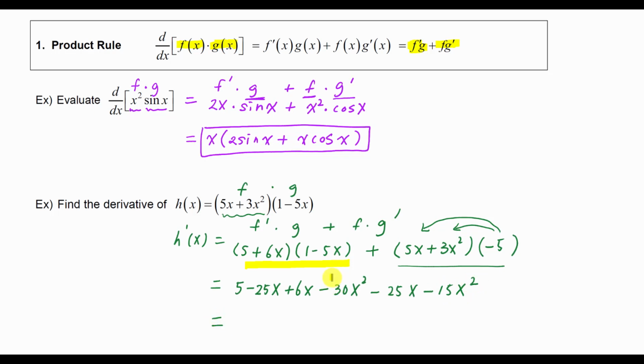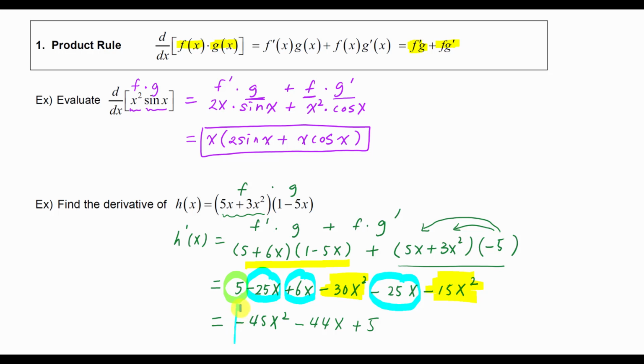I have negative 30x squared minus 15x squared, which gives me negative 45x squared. And I have negative 25x minus 25x, which is negative 50x, plus 6x, which gives me negative 44x. And the last constant you have is just positive 5. And negative 45x squared minus 44x plus 5 does not factor, so you can leave your answer as negative 45x squared minus 44x plus 5.